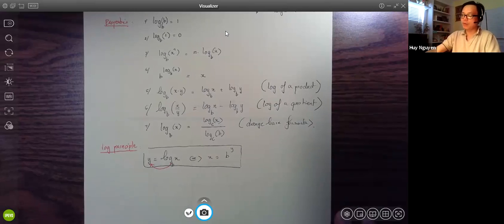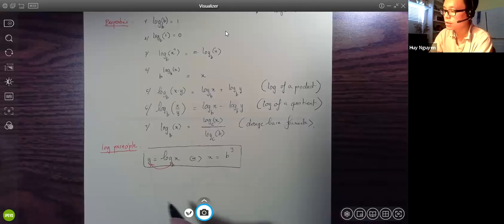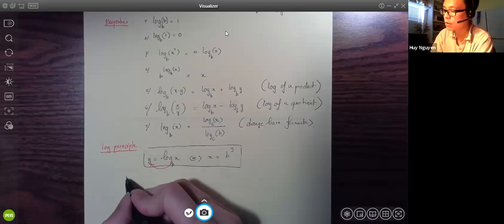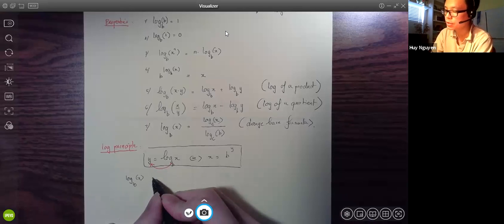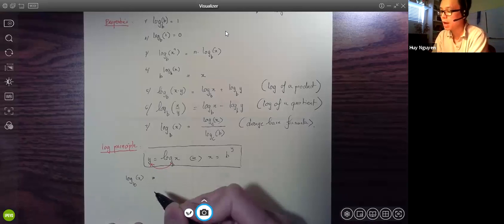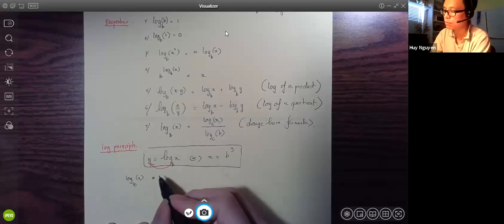If the base is 10, then you can throw away the base. For example, if I have log base 10 of x, then in the textbook, in MyOpenMath, they write it as log x.